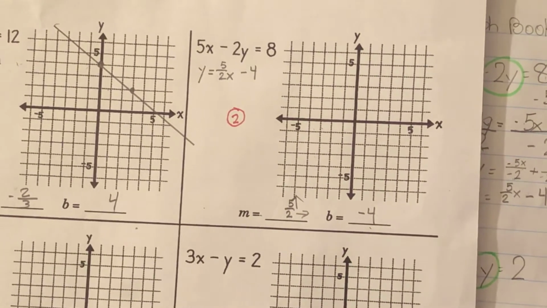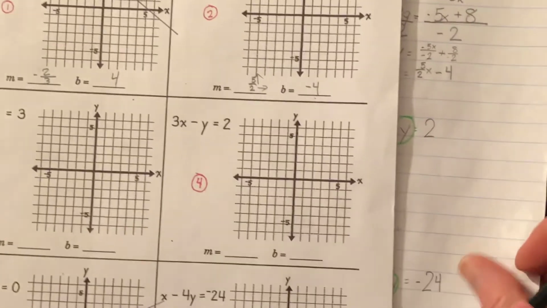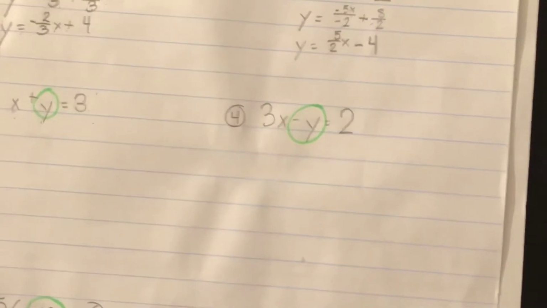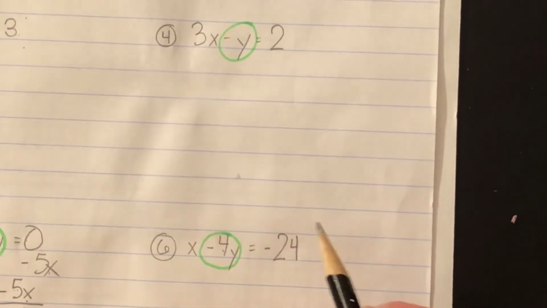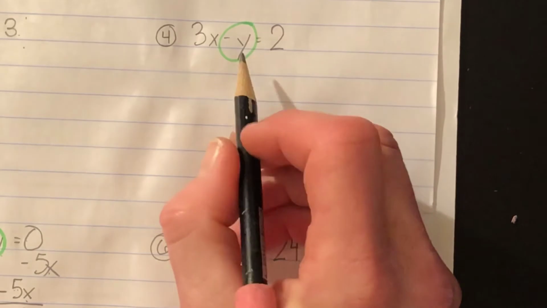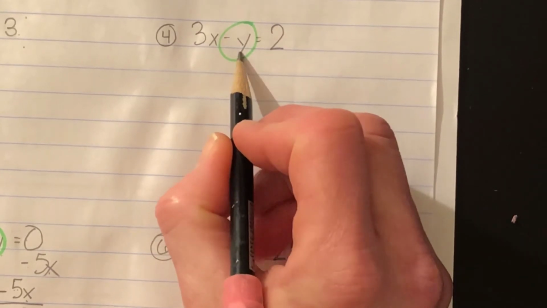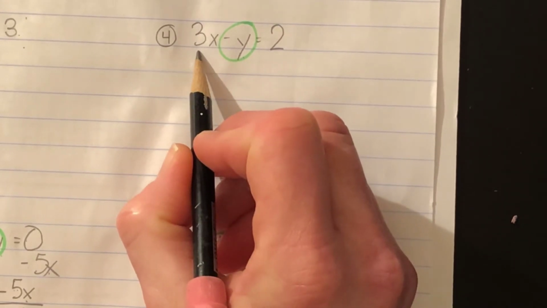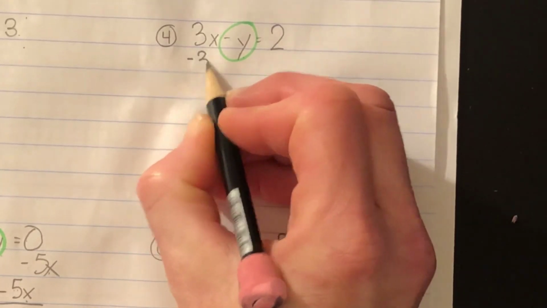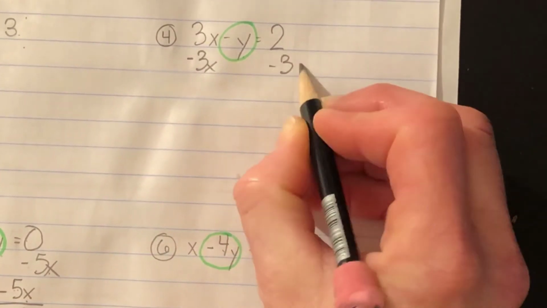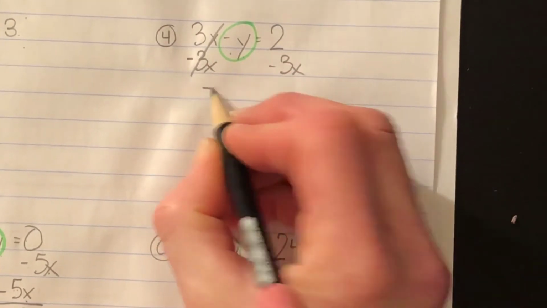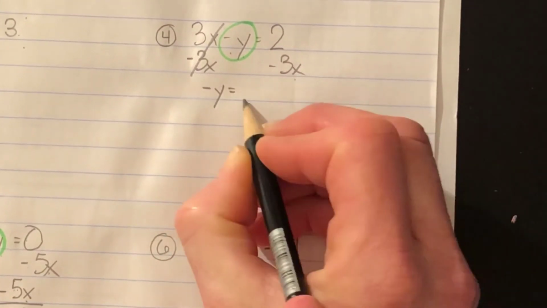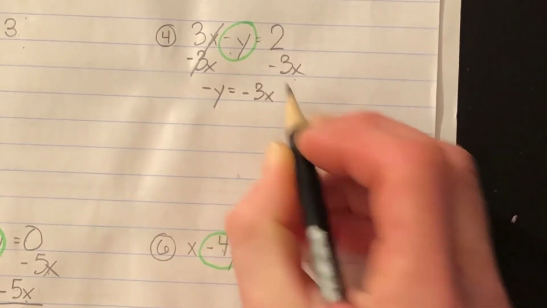Number 4. I'll start with my equation. Oh, wow, negative, negative. Be prepared for that. So I have a negative y. I'm going to isolate this, get rid of the positive 3x. So I subtract 3x from both sides. That leaves me with a negative y equals negative 3x plus 2.